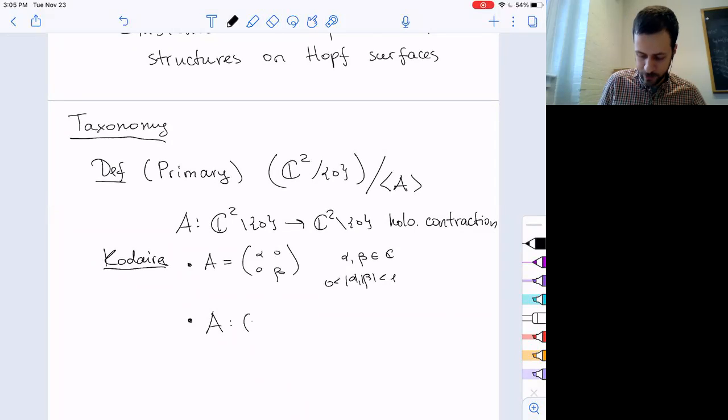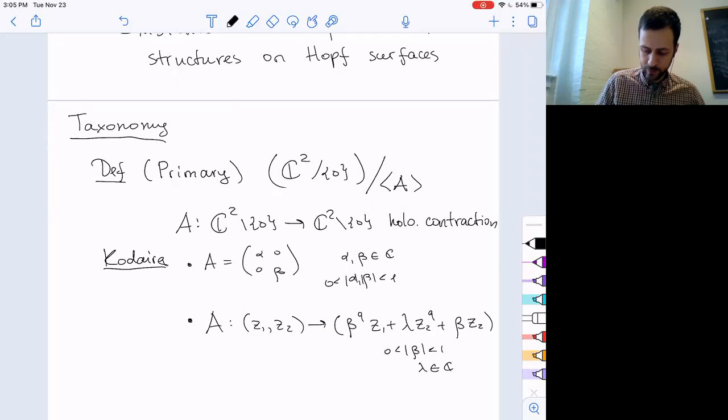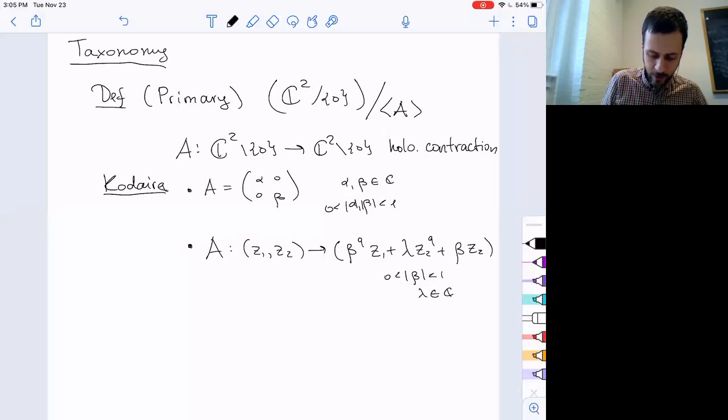It sends Z1, Z2 to beta to the Q, Z1 plus lambda Z2 to the Q, comma, beta Z2. Here the norm of beta is less than 1, and lambda is any complex number. So it mixes coordinates Z1 and Z2 in a polynomial way. These are primary Hopf surfaces.